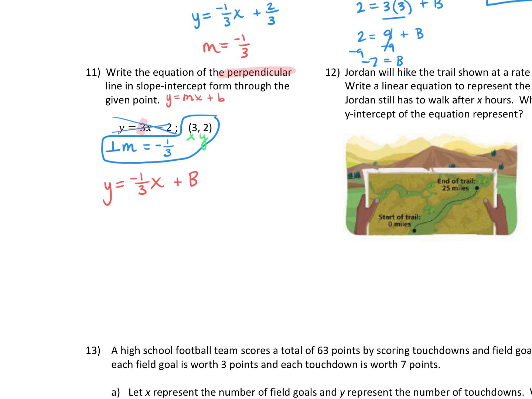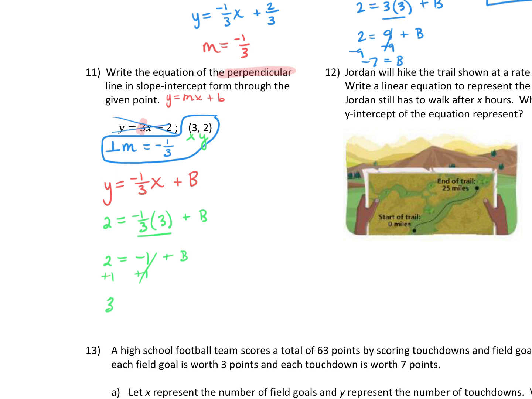So this y equals, let's replace the y with the 2 from the ordered pair, equals negative 1/3 times the x from that ordered pair, 3, plus b. All right, so 2 equals negative 1/3 times 3, which is negative 1, plus b, and then our last step is we're going to add 1.